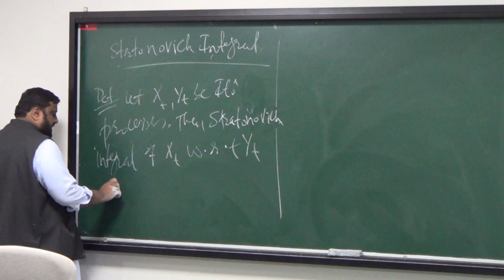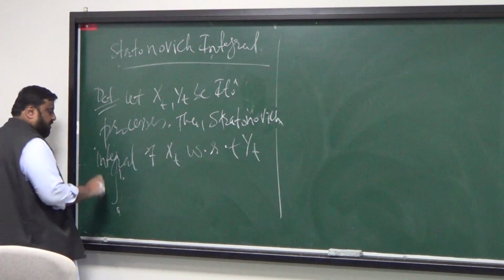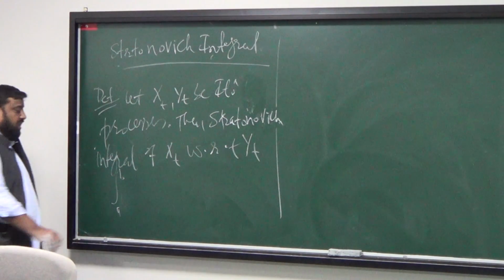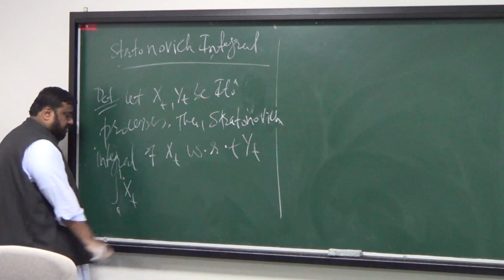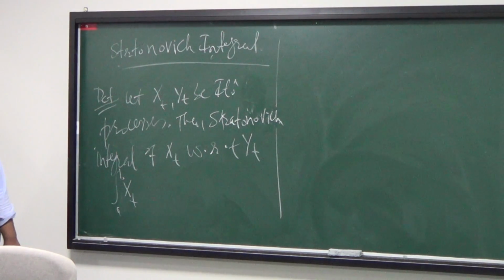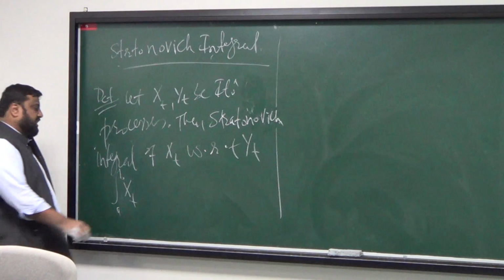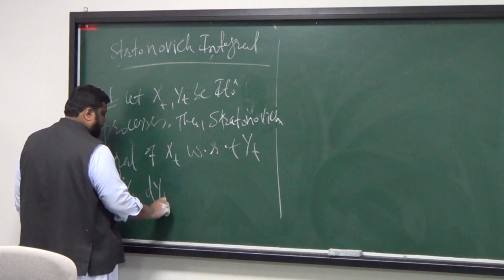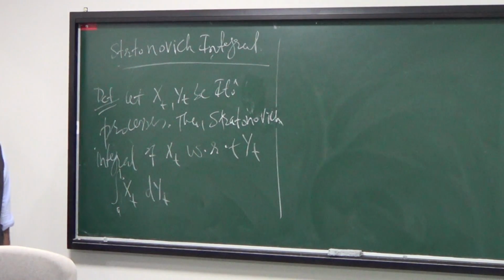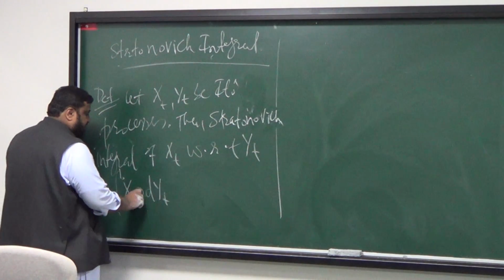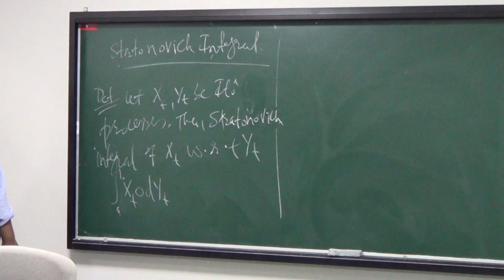So I have to integrate, say for example, from A to B, a process xt with respect to another noise which is dyt. Okay? I don't have to compute it in a normal manner, but in a Stratonovich type manner actually.